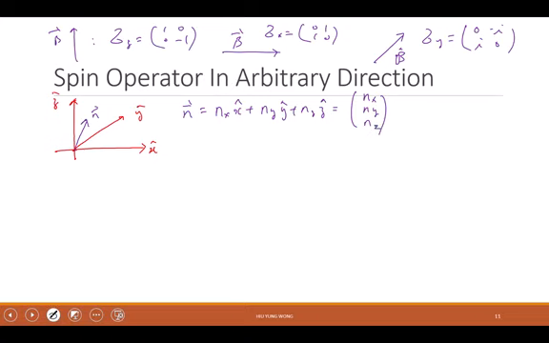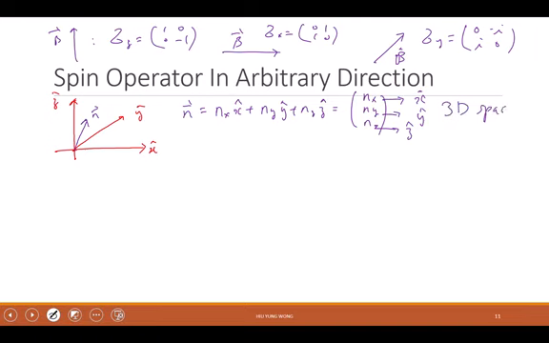Again, you ask yourself, what is the meaning of nx? It means I have nx components of x hat. What's the meaning of ny? I have ny component of y hat. What's nz? You have nz component of z hat. This is a unit vector in the real 3D space.